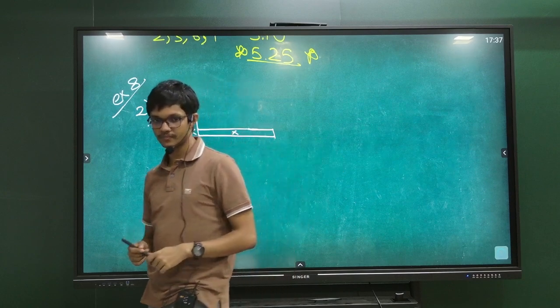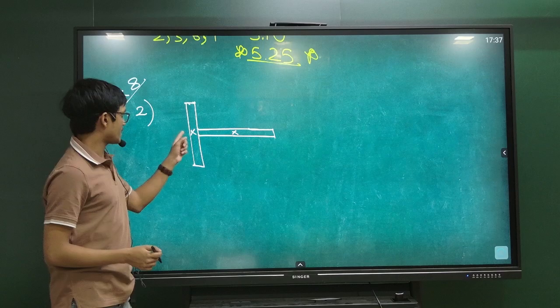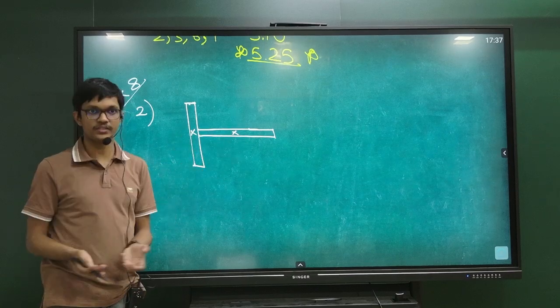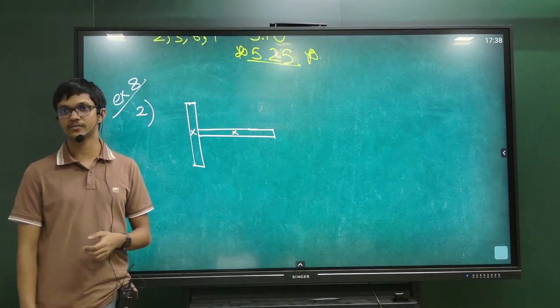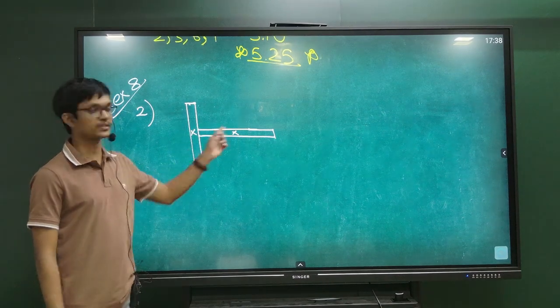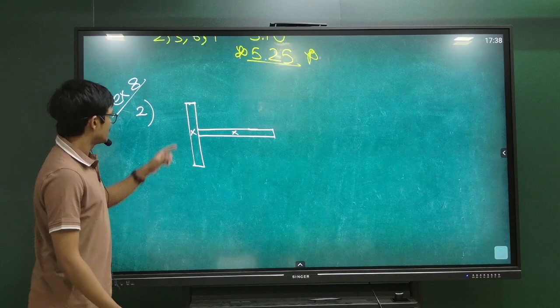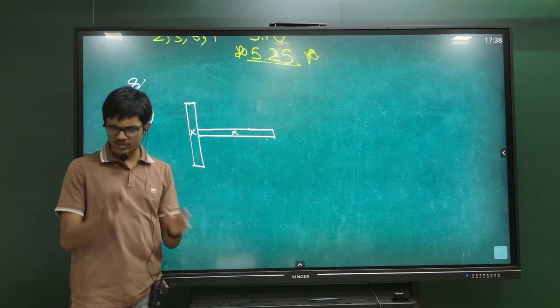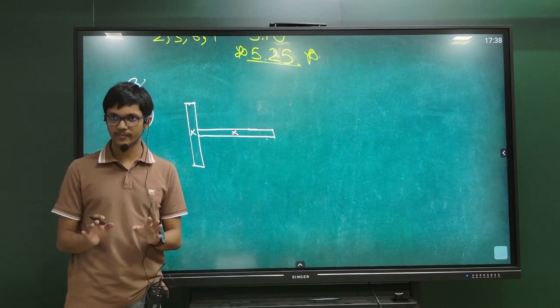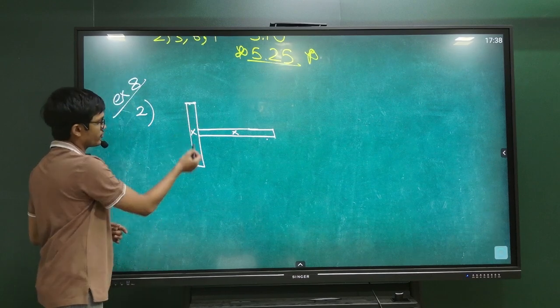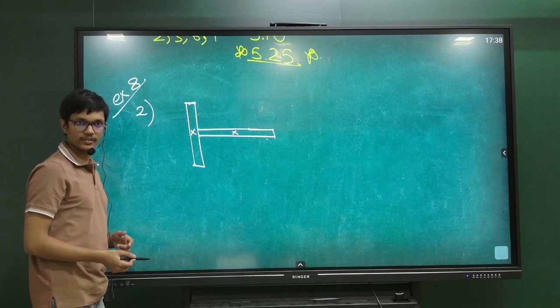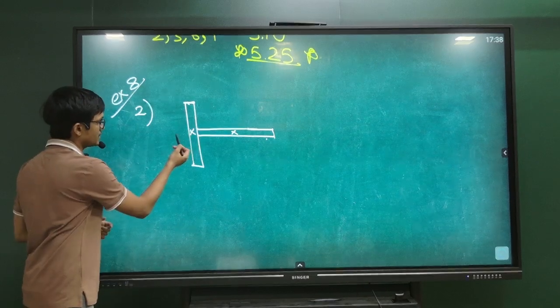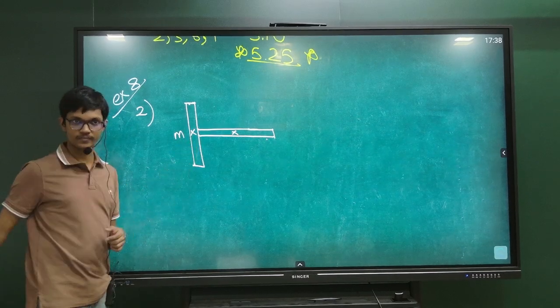So, now where can you find the center of gravity of the resultant system? This one and this one look the same, right? Okay. So, if the mass of this part is m, that m is centered here now. Is that clear?